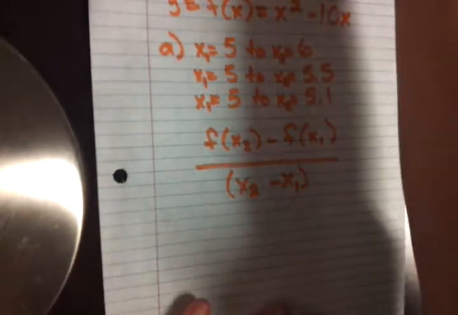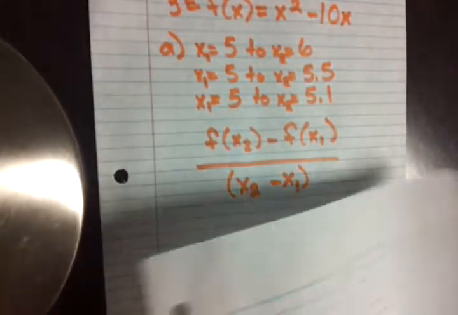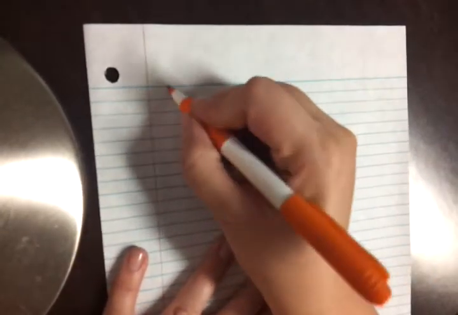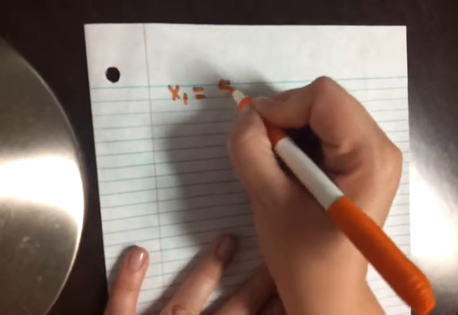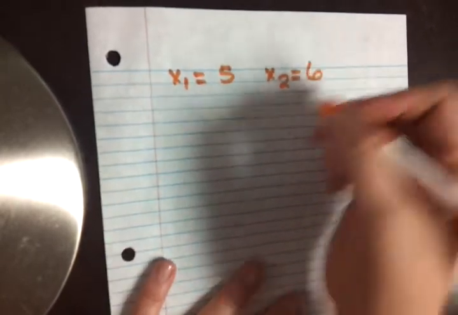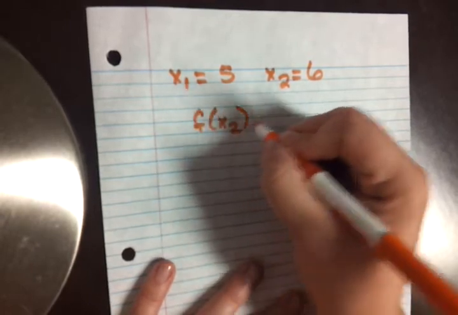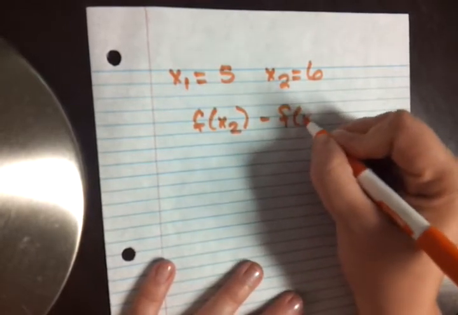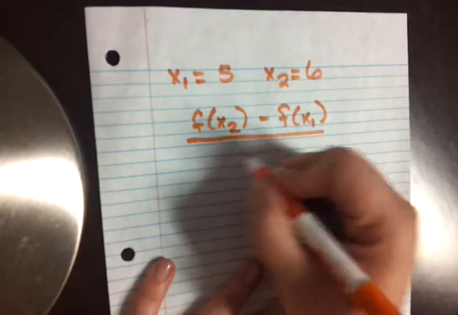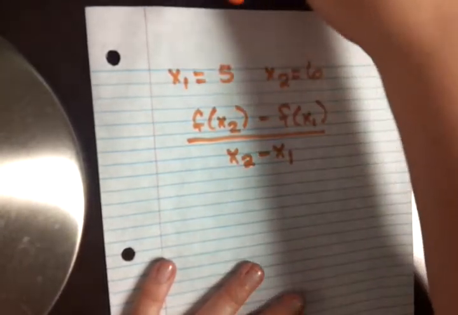So I'm going to grab a separate sheet of paper so that we can do the first one. So the first one we had was x1 equals 5 and x2 equals 6. So f of x2 minus f of x1 all over x2 minus x1. Well, what was our original f?